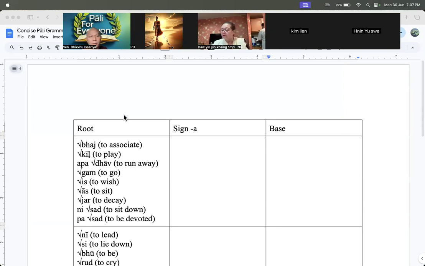Today we will learn the present verb base with the a sign. Actually, roughly we already learned that, but that verb base is very common in Pali, so we need to know that, so that is fine.